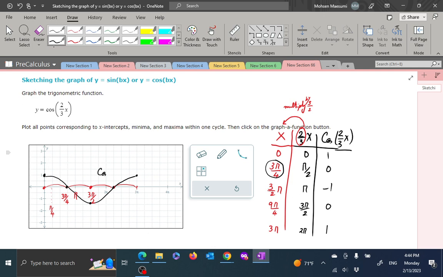So this is cosine of 2/3 of x. You notice since this number was less than 1, the graph gets stretched. So instead of finishing at 2 pi, it finishes at 3 pi. It got stretched, and if the number is smaller than 1, it's like having slow motion.